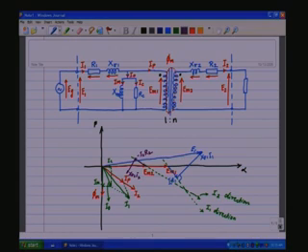So, EM2 minus I2 R2 minus j x sigma2 I2 is going to give you E2. So, this would be E2. So, this would be the phasor diagram of this complete equivalent circuit of the transformer.